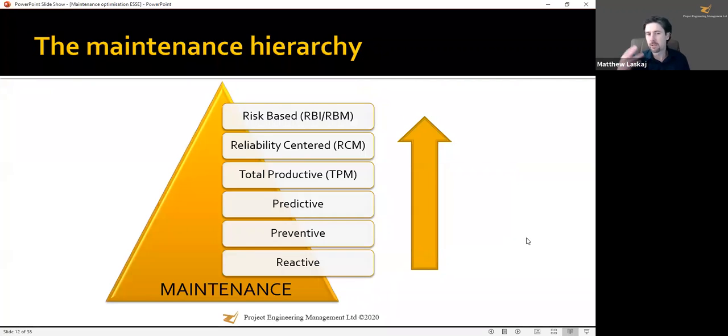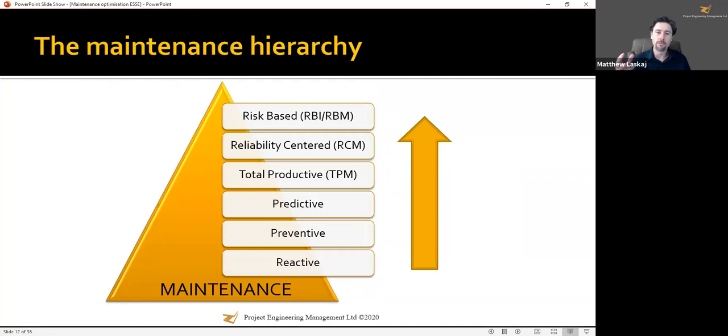So if you put that into what I call a maintenance hierarchy, reactive is your primary one, the old-fashioned way, and it definitely has its place in a maintenance plan still. Then you've got the preventive planned maintenance, your predictive and condition-based maintenance. Then something which I'll talk about in a minute called total productive maintenance.